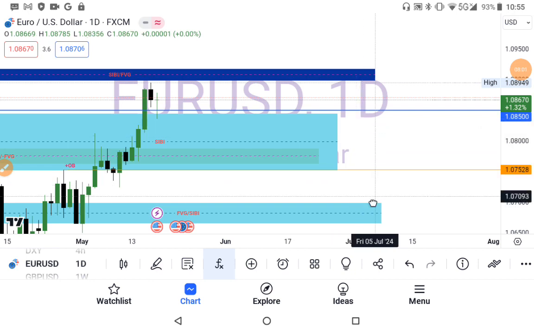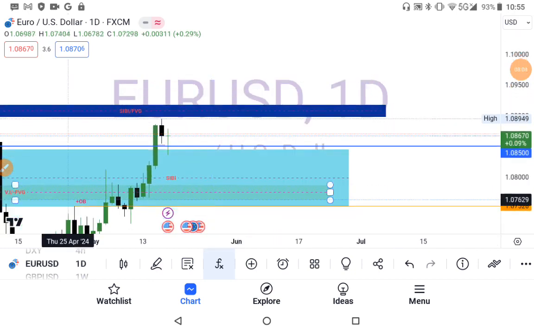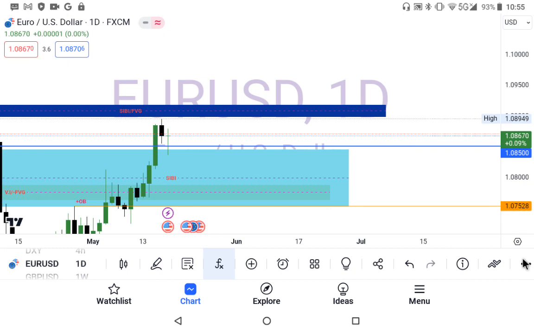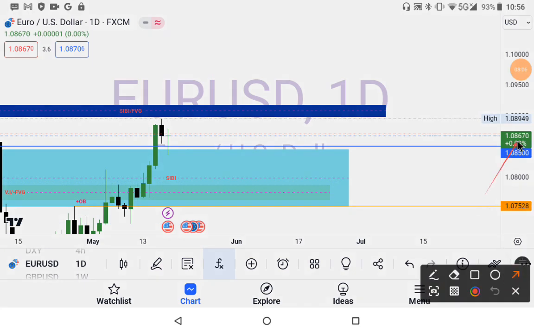My focus was 1.08500. That was my interest. And then I was interested in 1.08 to be my first objective.